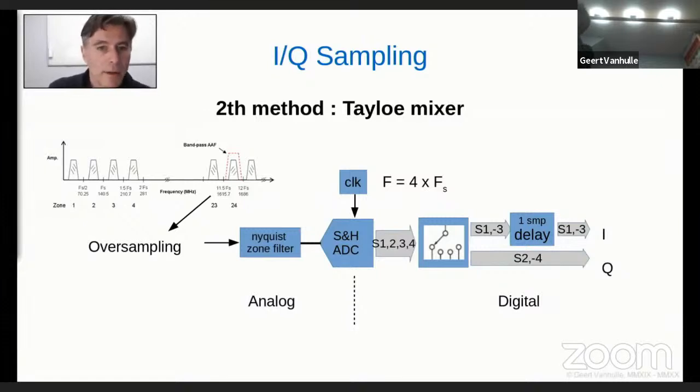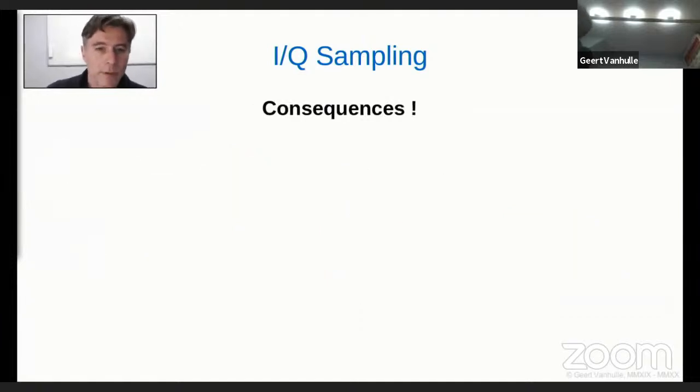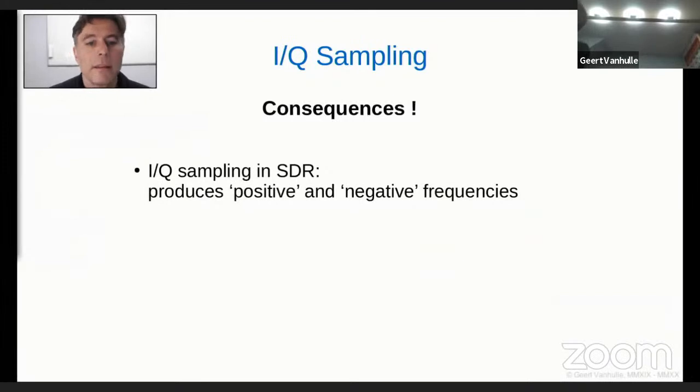The whole IQ sampling system has some consequences. And what are these consequences? Well, the side effect of IQ sampling is that it produces positive and negative frequencies. This is often misunderstood, because negative frequencies are strange. How on earth can you produce negative frequencies?